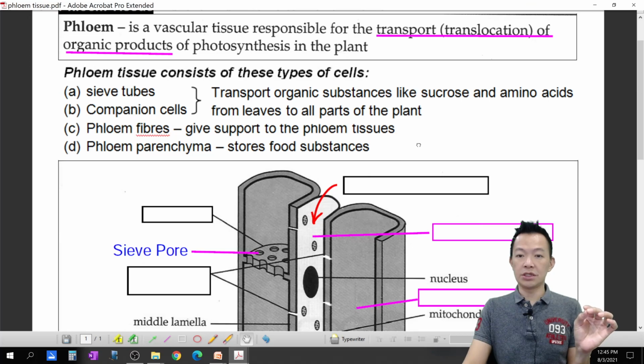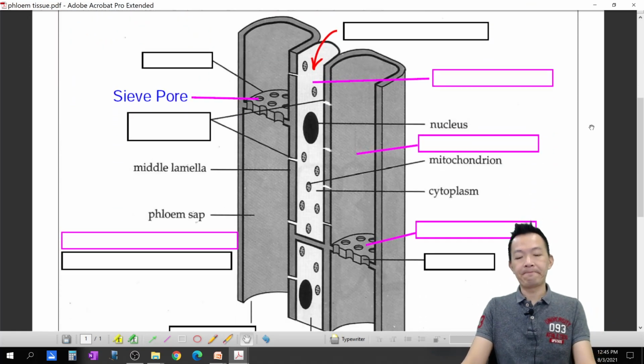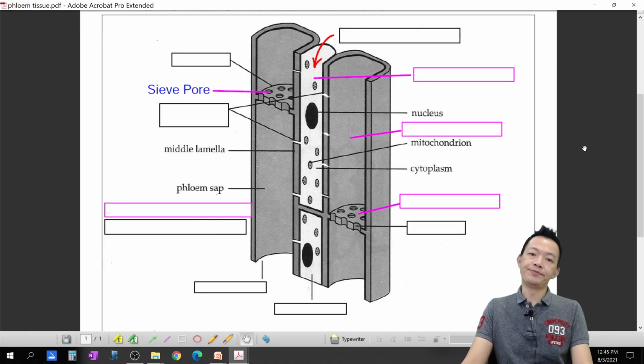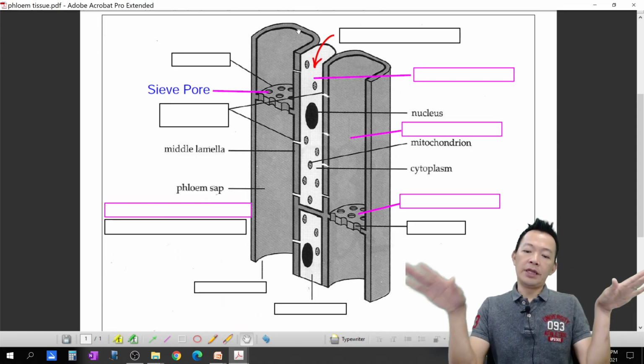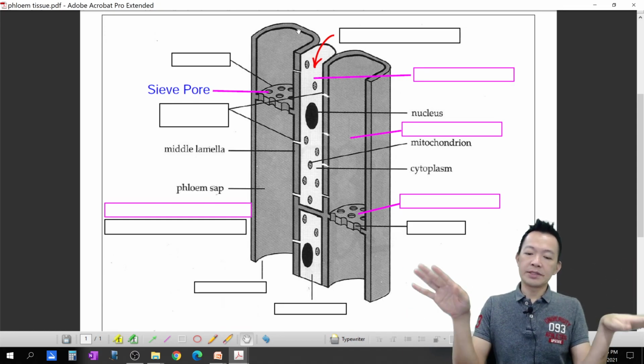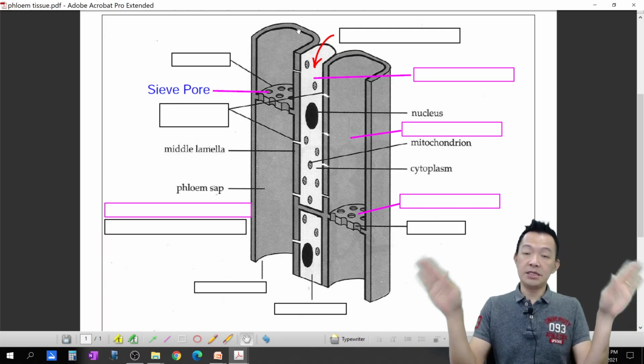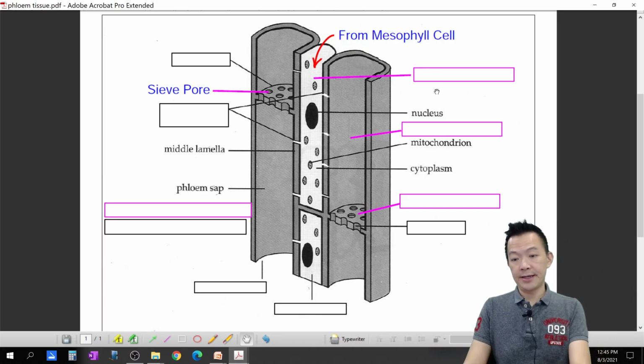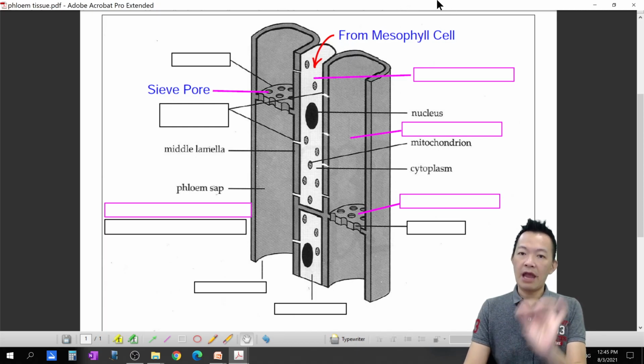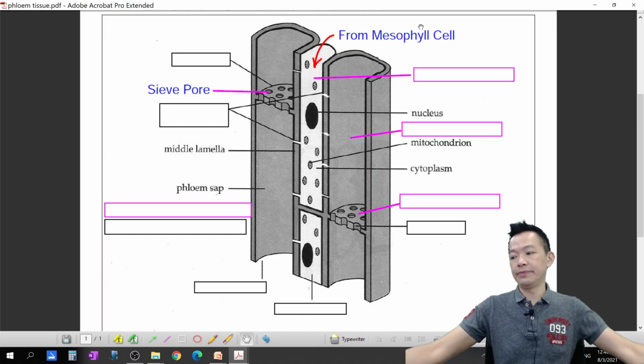Now for the leaf, it has the process called photosynthesis. The mesophyll cells, palisade mesophyll cells and spongy mesophyll cells, carry out photosynthesis, so organic food substances will be produced.